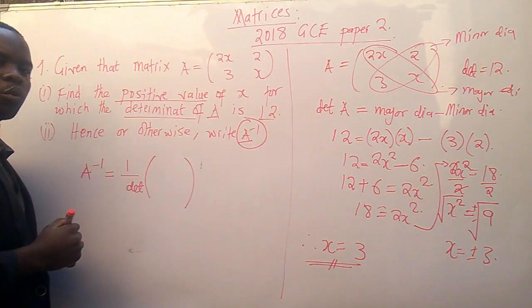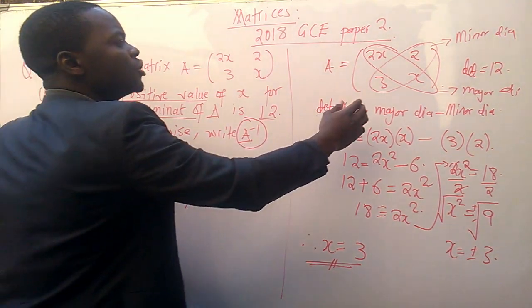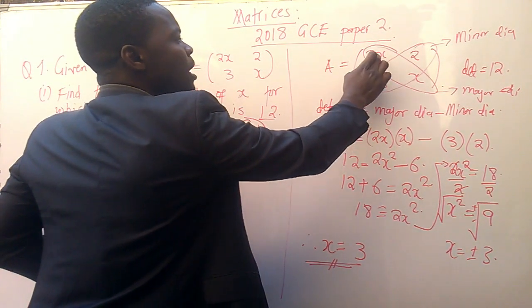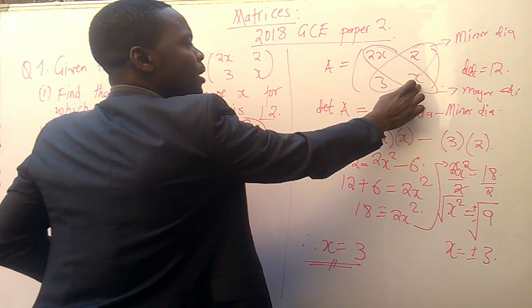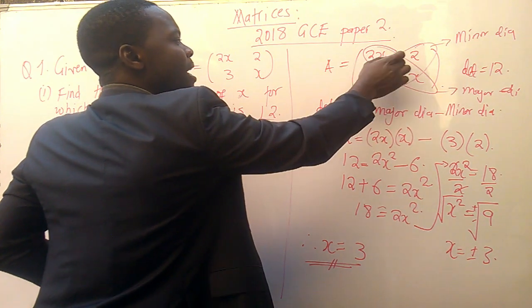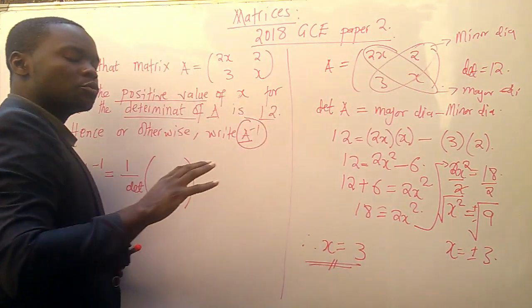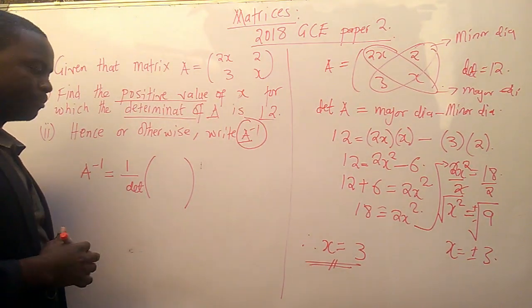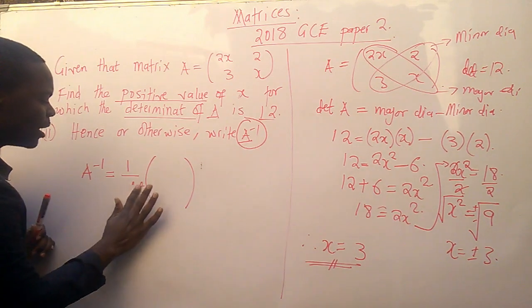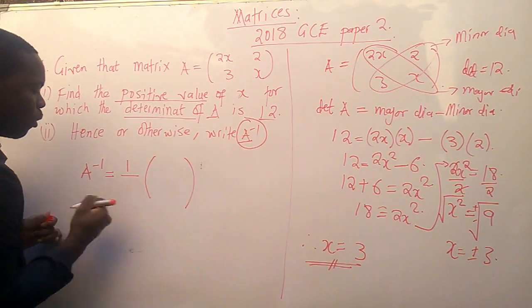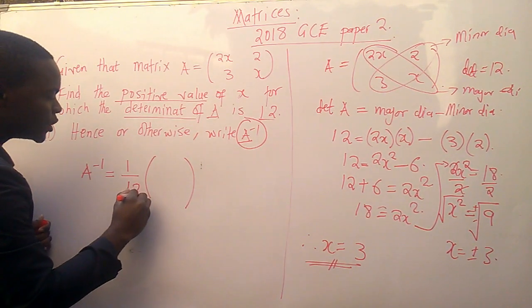Now with your matrix, what you must know is you must exchange the major diagonal. 2x will come here, and then x will come here, and then the minor diagonal, we multiply them with a negative. That is what we do in terms of rewriting them. Okay. So now, what is the value of the determinant? It is 12.